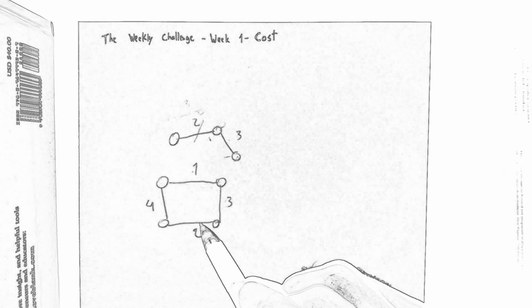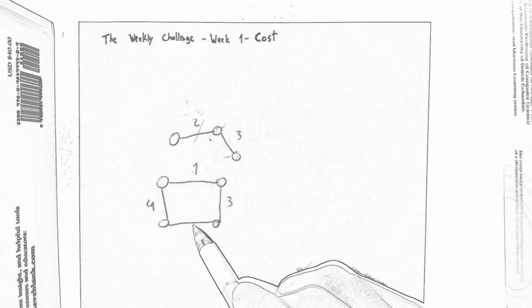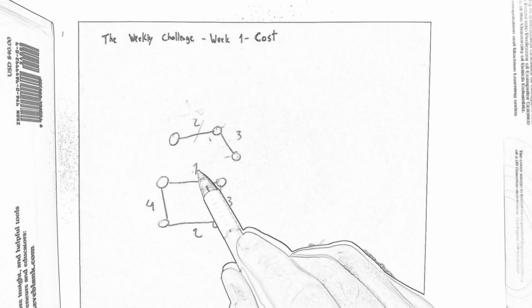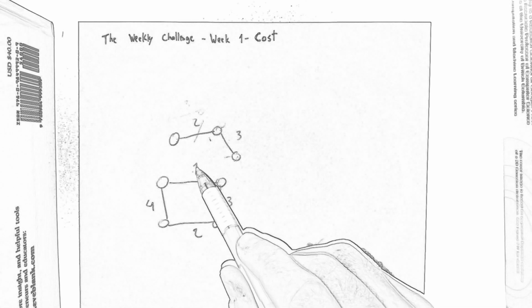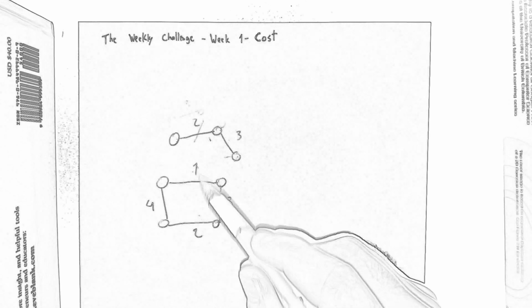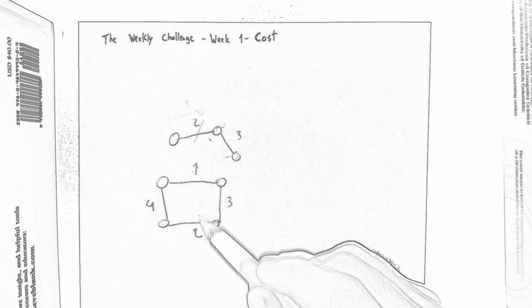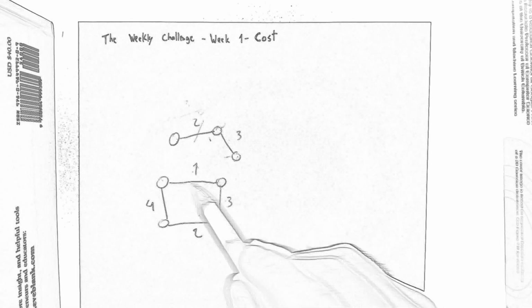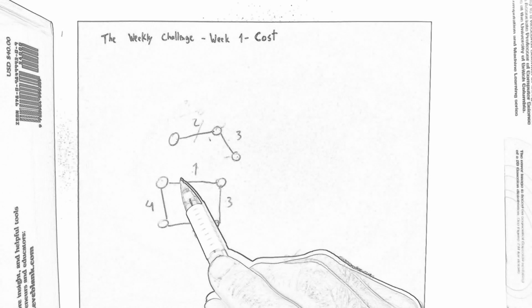And second, we would remove this edge. And then the two nodes would be disconnected, and we would have removed two edges, and the total weight of them is 3. So the cost of going from this node to this node is 3.